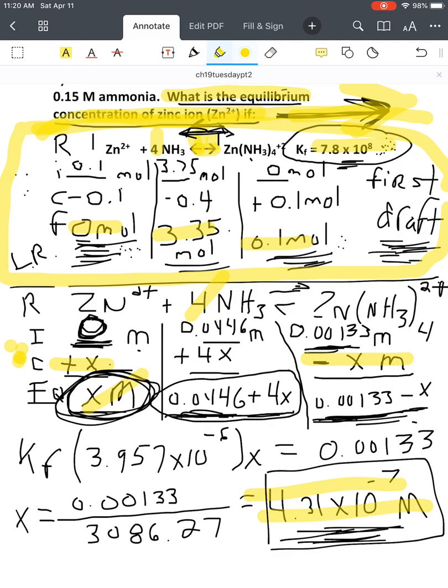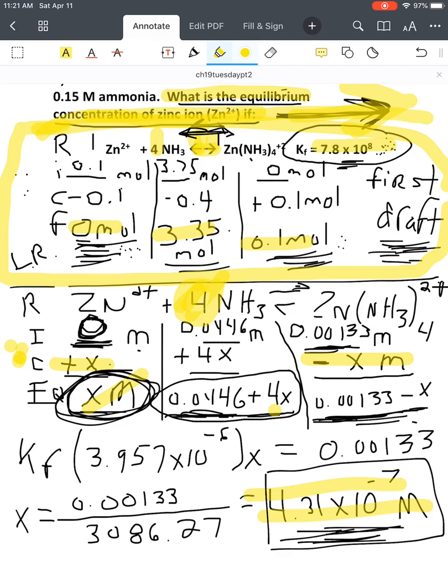The reason why I prefer to do this problem this way, rather than in one swoop and just jump right into the rice, is because we like to make simplifying assumptions when we can, especially in this case, because the stoichiometric coefficients tend to not be 1 in many cases. And that makes the math a lot more complicated, right? You got a 4x term down here. You got to raise that concentration to the 4th power.